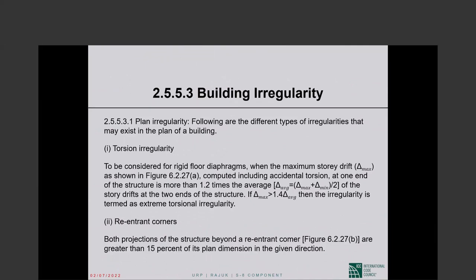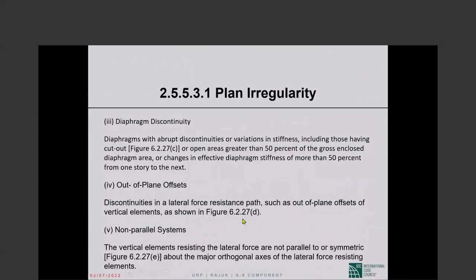BNBC has narrative descriptions of many of these irregularities, torsional, re-entrant corners, and these are actually definitions that you see.